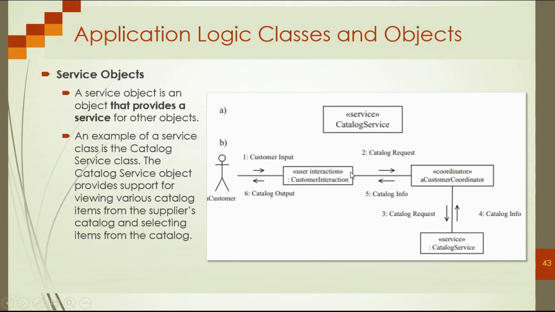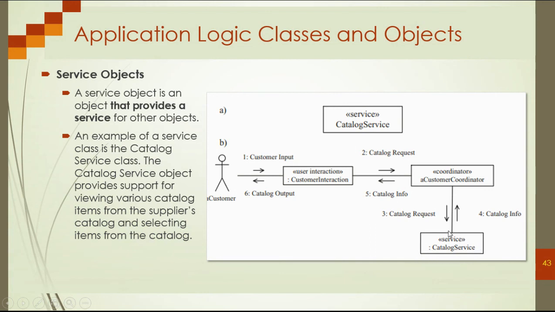So the customer requests to view the catalog, and then this service maybe finds the catalog that is requested by the customer, and then views it or sends it back to the customer.